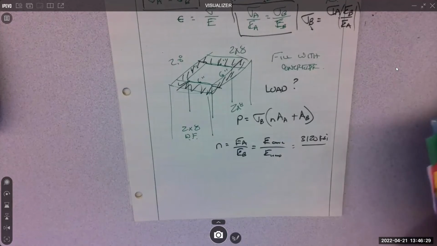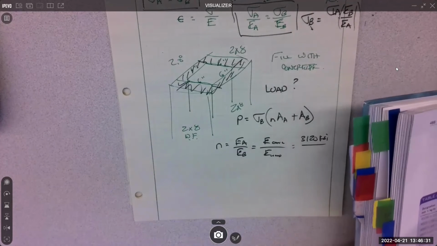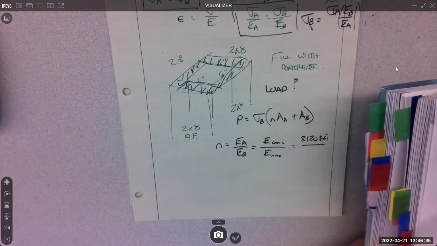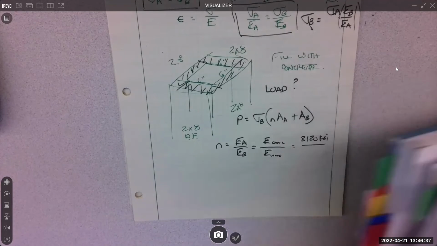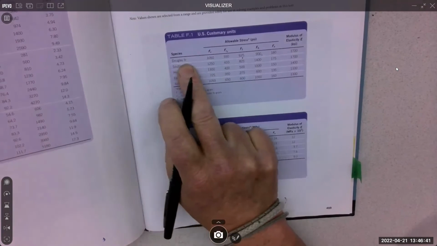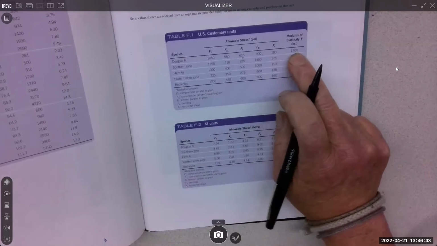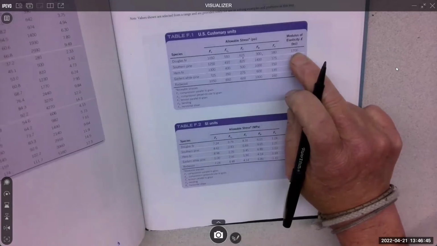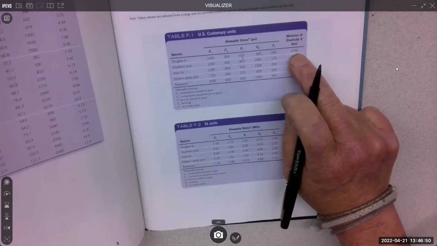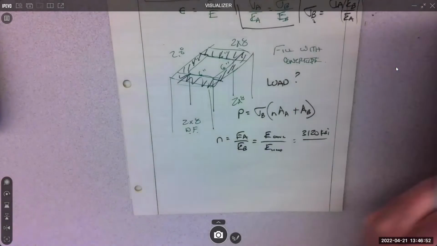There we go. Say it's Doug fir, modulus of elasticity 1700 ksi. Doug fir is what we use around here.